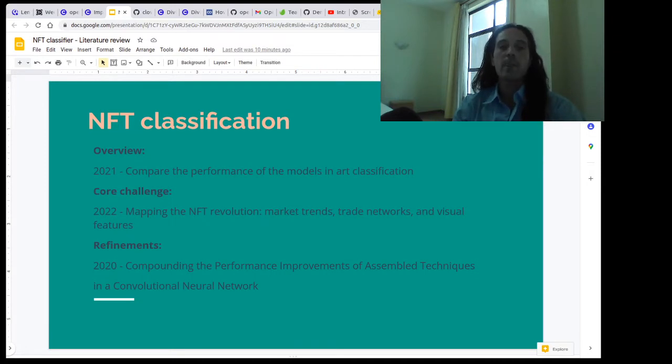And the one called Compounding the Performance Improvements of Assembled Techniques in a CNN, where they explore how different improvements can significantly increase image recognition.